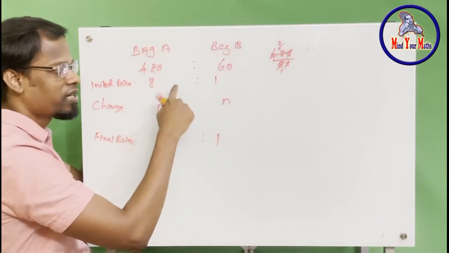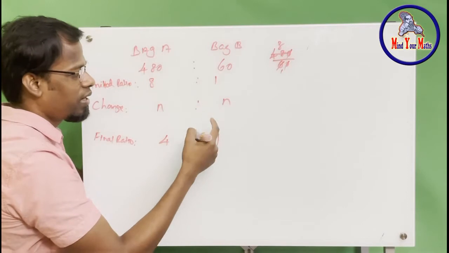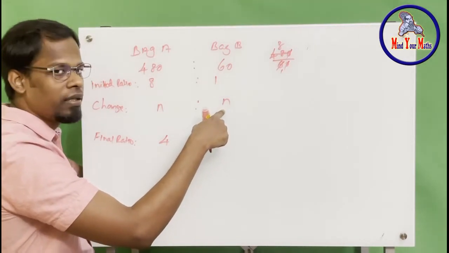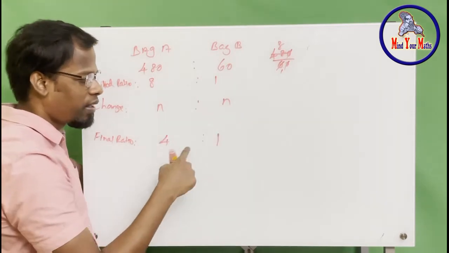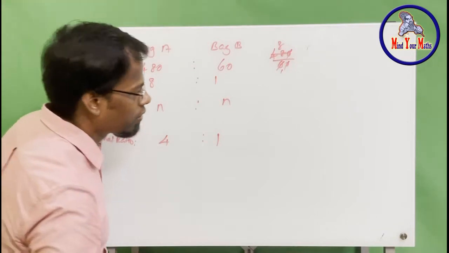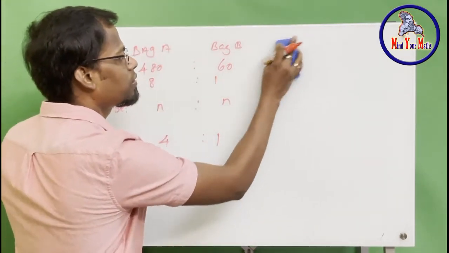We have converted that to a ratio, and then n number of marbles were added to both sides, and this is the final ratio. Now we have got everything in ratio. I'll just wipe it out.